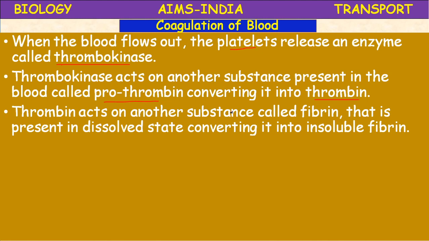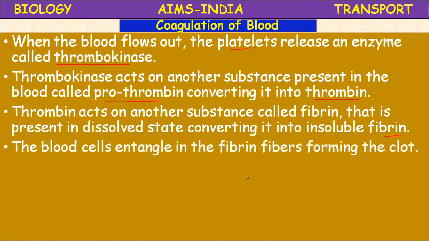Thrombin acts on another substance called fibrinogen, which is present in the dissolved state, converting it into insoluble fibrin. The soluble fibrinogen is converted to insoluble fibrin in the presence of thrombin.